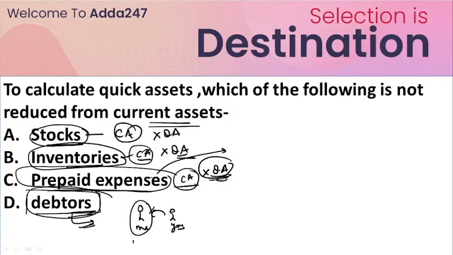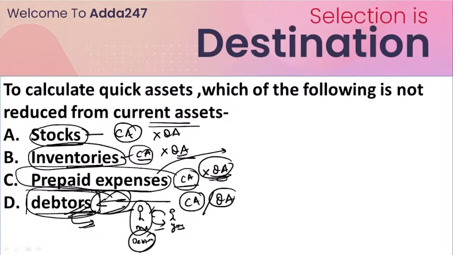Now I will be considered a debtor for you, so you have to receive the amount from me. That means we have to receive the amount from our borrowers, so that is known as a debtor. So debtors are a current asset as well as a quick asset.